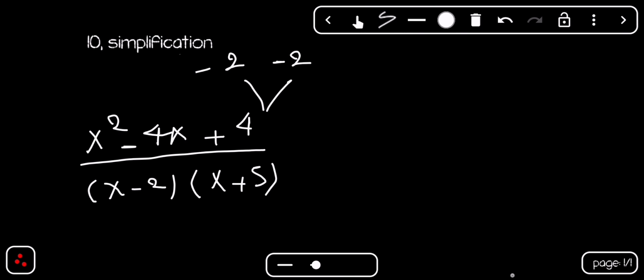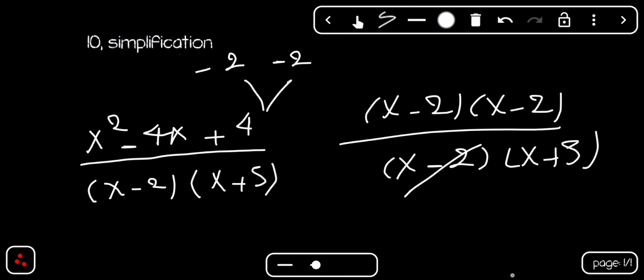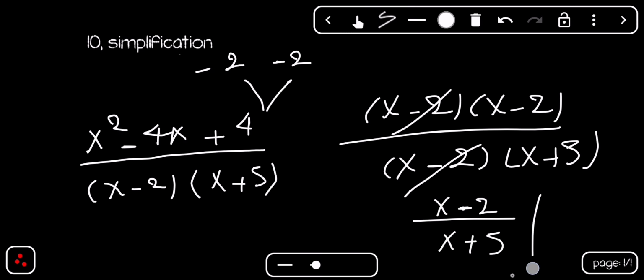And then you can type x minus 2 and x minus 2 divided by x plus x minus 2 and then x plus 5. So the x minus 2 terms will be cancelled out, and the final answer will be x minus 2 divided by x plus 5. And this is our final answer.